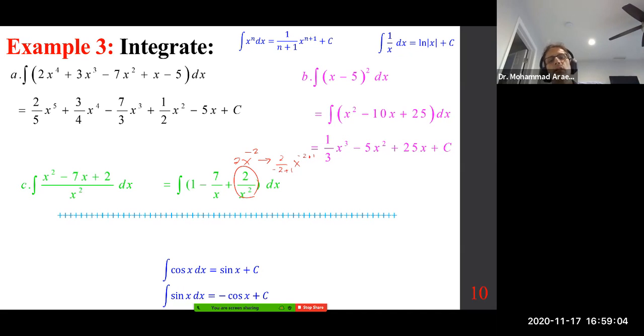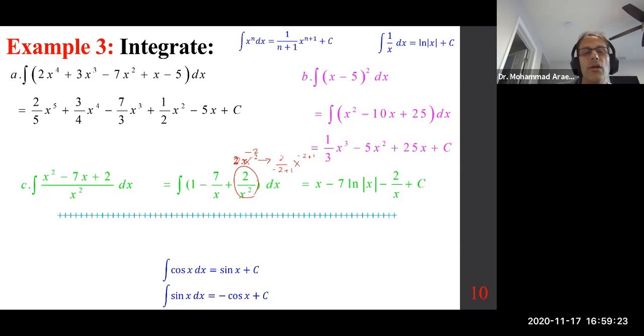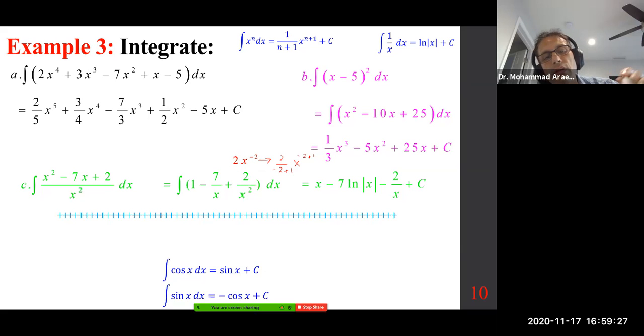The exponent is negative 2 plus 1. Remember, negative 2 plus 1 is negative 1. So you have negative 2x to the power of negative 1. Negative 2x to the power of negative 1 is negative 2 over x and a constant. In fact, this is easier to see, 2x to the power of negative 2, okay?